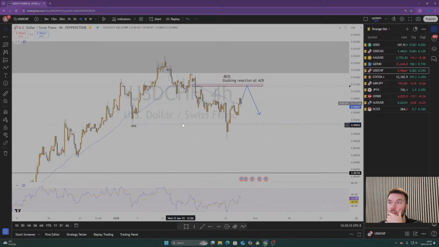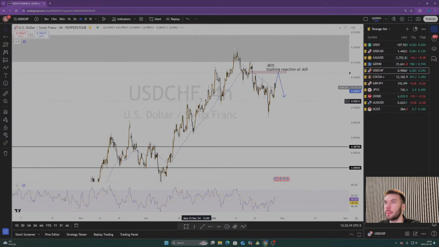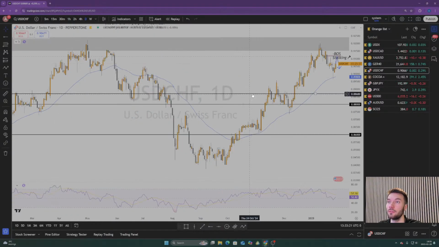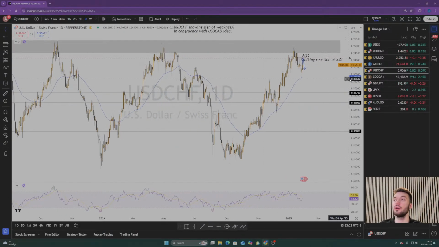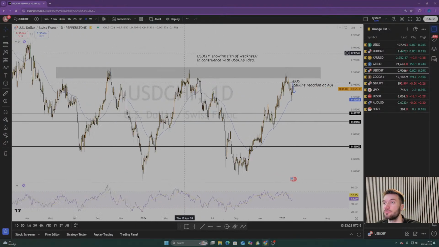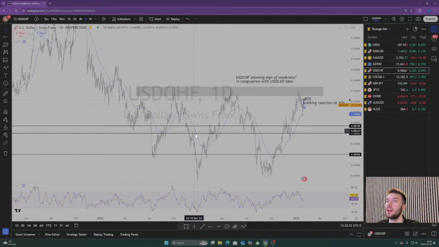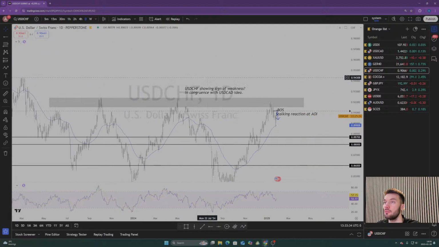So we broke this. Maybe I shouldn't do that. Okay, let's take that away. So the context is very important here. When we look at this USD CHF idea, we're seeing price having this tendency to reject this level previously.